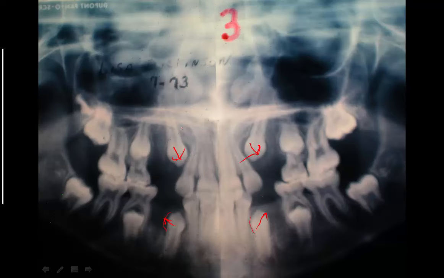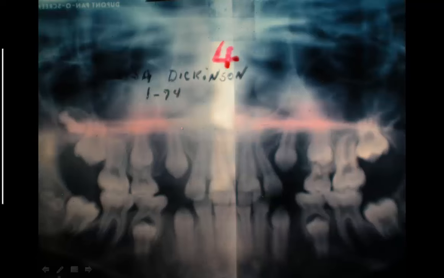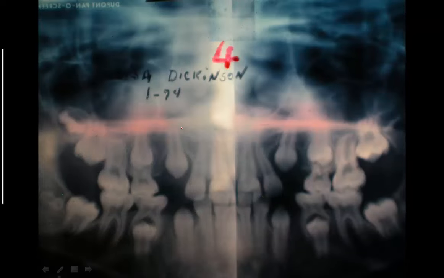Now let's go to, say, 1 of 74, January of 74, from 7 of 73, which you've got 8, 9, 10, 11, and 12, and now we'll go to January of 74, so 6 or 7 months time, and look at the angle of this tooth now.